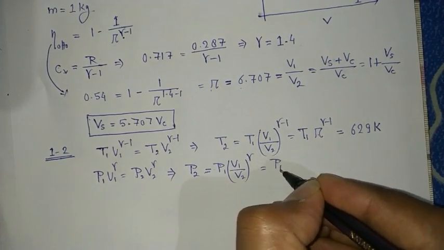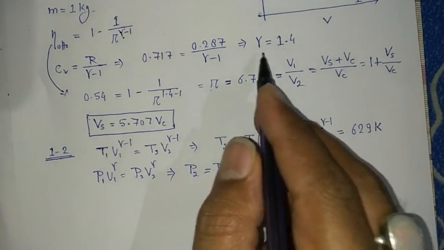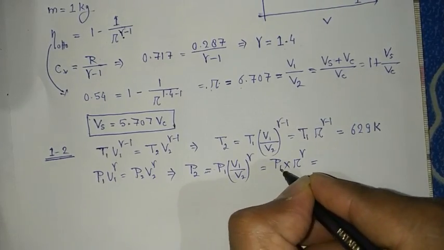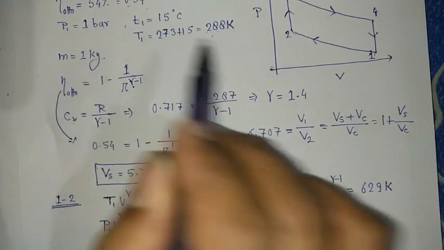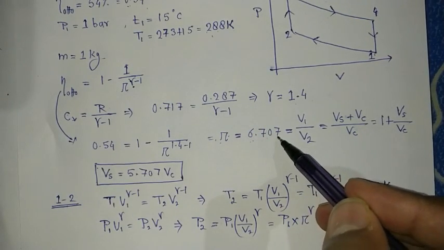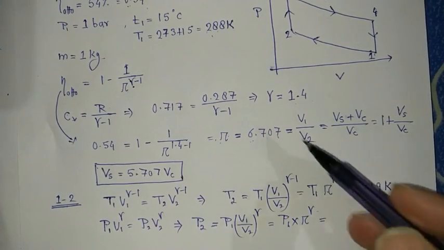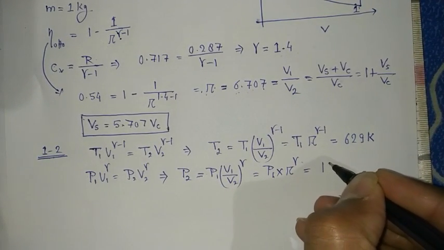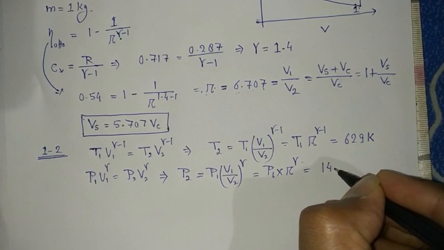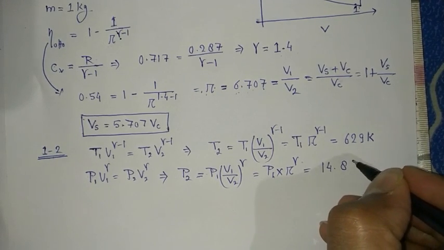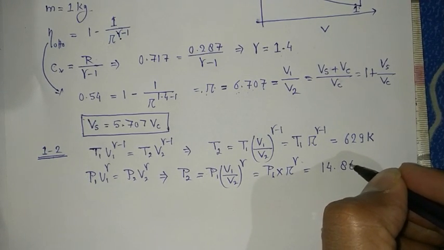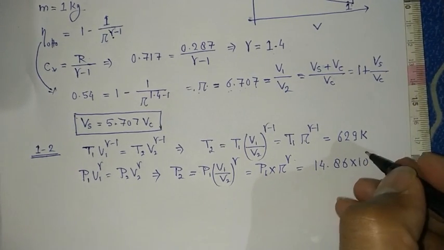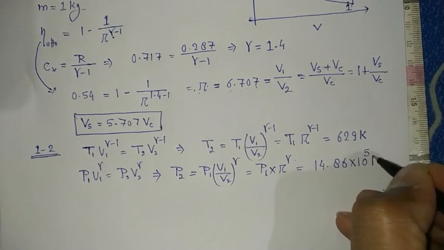V1 by V2 again is equal to the compression ratio, so we can put r to the power gamma. P1 is given, it's equal to 1 bar, r is 6.707, and gamma is 1.4. So when we put the values, it comes to 14.86 into 10 to the power 5 Pascal.